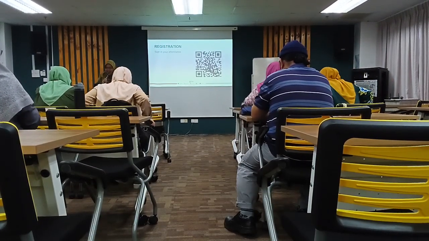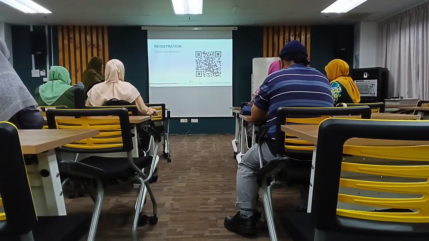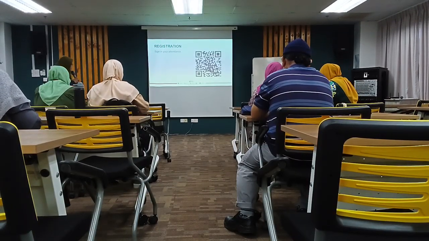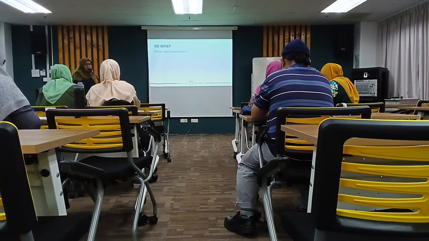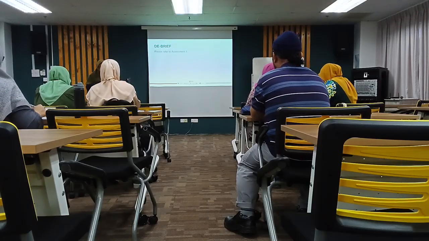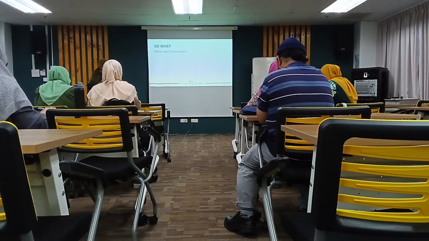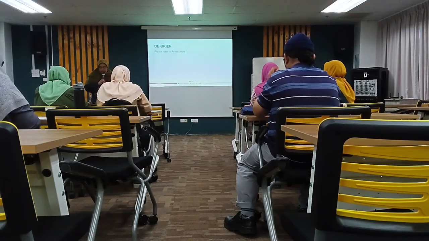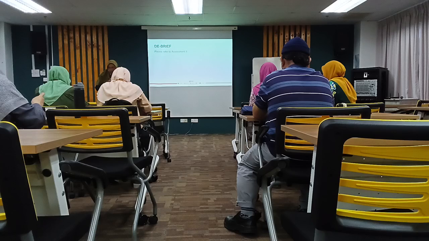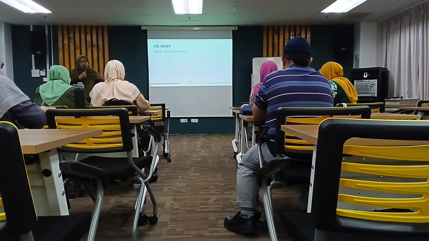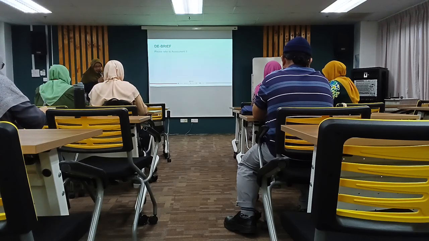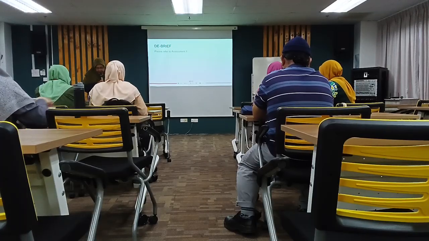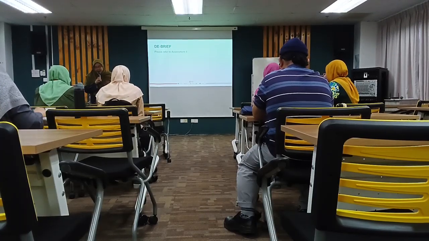Okay, I'm going to debrief a little bit based on our assessment number 2. I'm going to read it through. The first one: what is the first step in the risk assessment process? Identifying hazards. Yes.